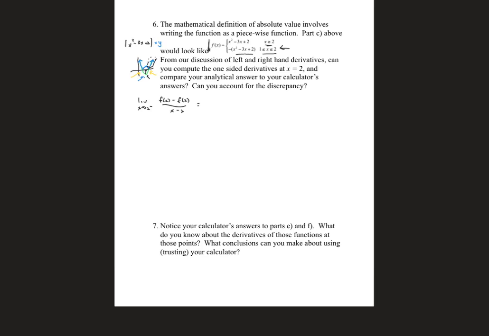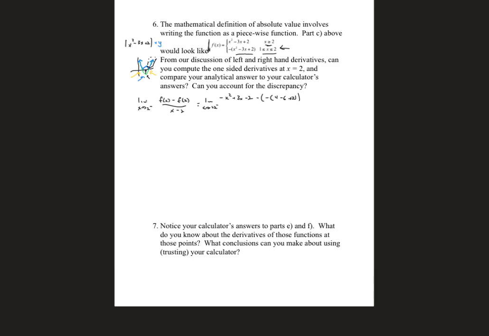So we're going to take again that limit as x approaches positive 2 from the left. So our f of x is going to be this negative x squared, and if I distribute that negative sign, plus 3x minus 2, and we're going to subtract from that f of 2, which is going to be negative of 2 squared is 4, negative 3 times 2 is a minus 6, and then we have the plus 2.